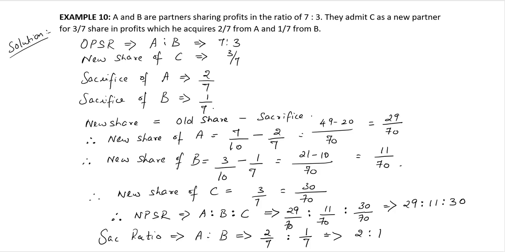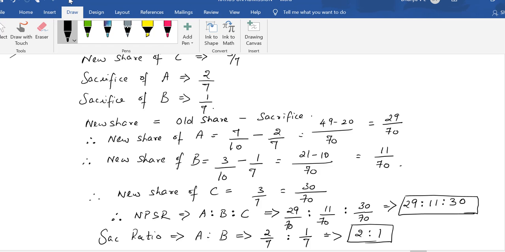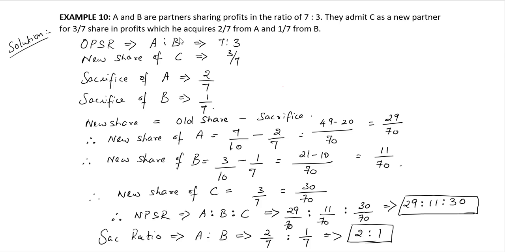So the NPSR between A, B and C is 29 is to 11 is to 30, and the sacrifice ratio between A and B is 2 is to 1. So let's summarize this.